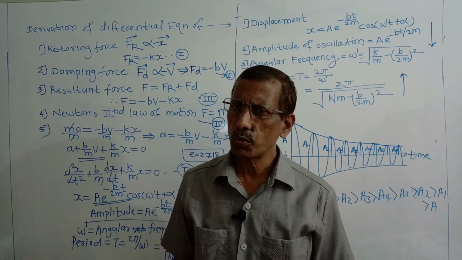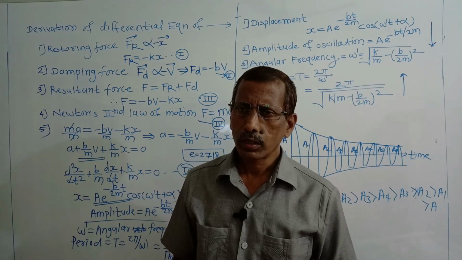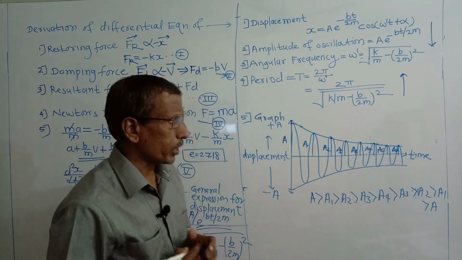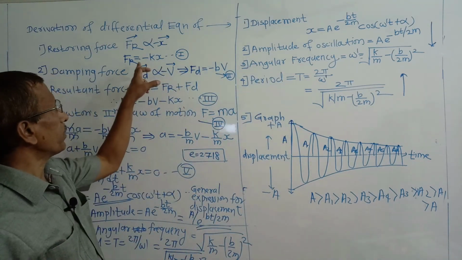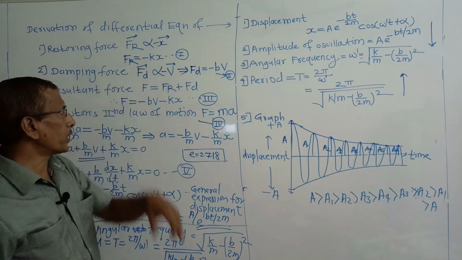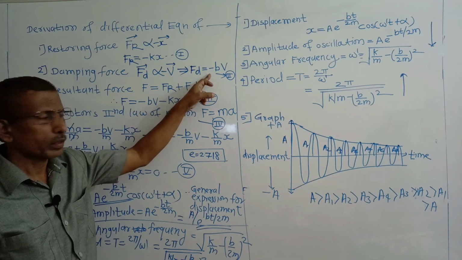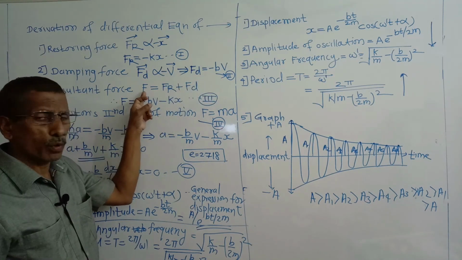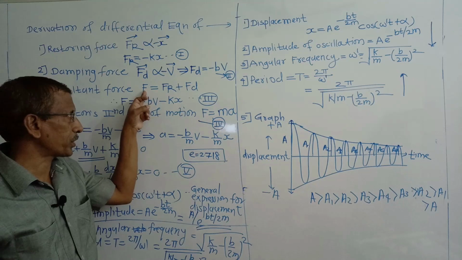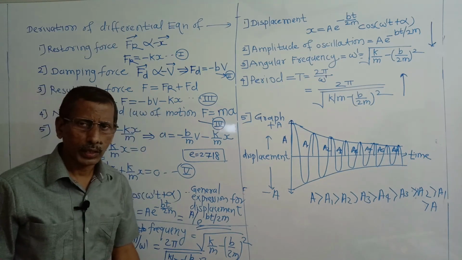So dear friends, today we considered the restoring force acting on the body, Fr = -kx. Then we considered the damping force, Fd = -bv. Therefore the resultant force is the sum of these two forces. So F = -bv - kx.